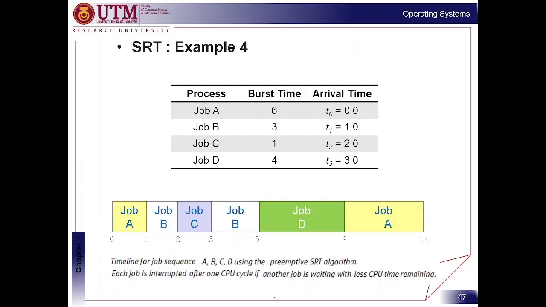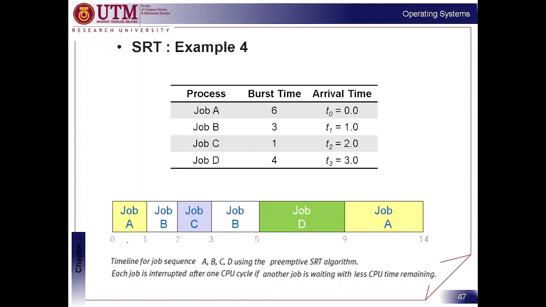So this is the next example. Just like before, we will look at the burst time. We will look at which processes are available at that time, and then we will compare the burst time if more than one process is available at the same time.